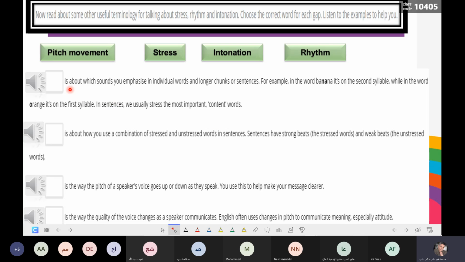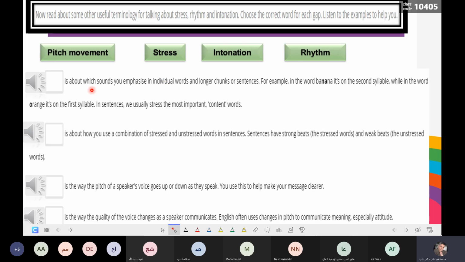And this is the definition of stress. What is stress? Stress is some kind of emphasis given to specific syllables in a word in order to make it more prominent, longer, stronger, to give a meaning.